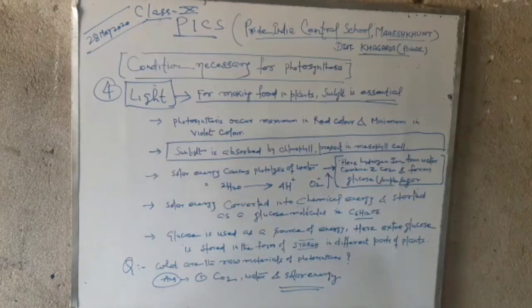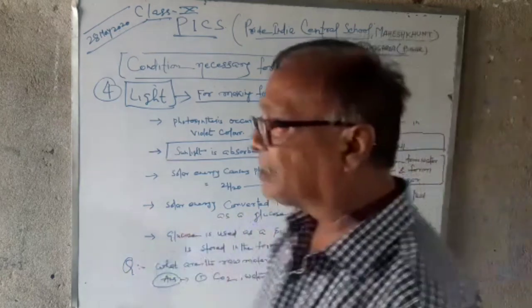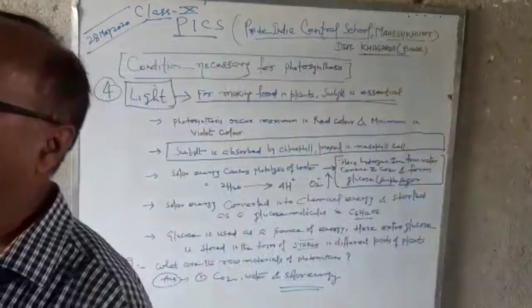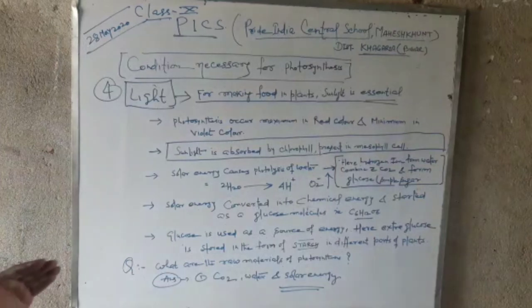Some of the solar energy is converted into glucose and the extra glucose is stored in the form of starch in different parts of the plant. So these are the functions of light for the process of photosynthesis.